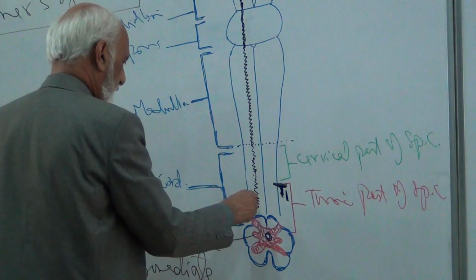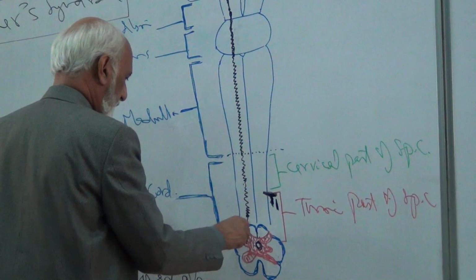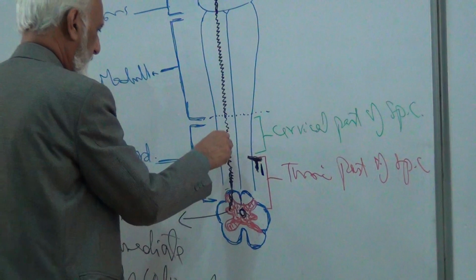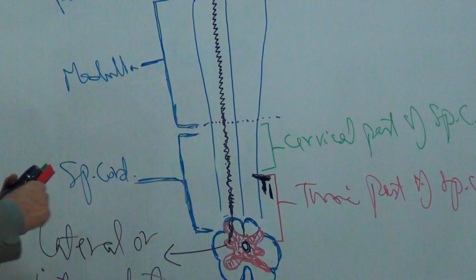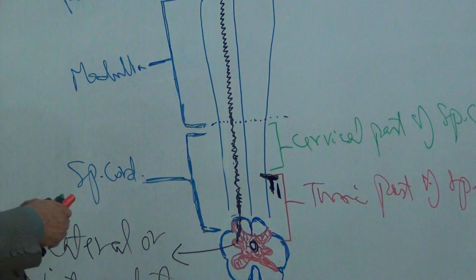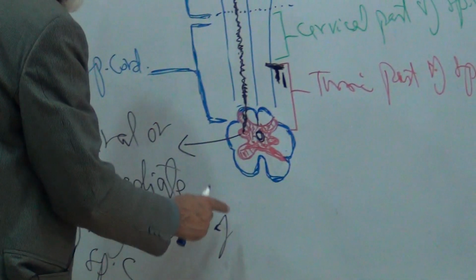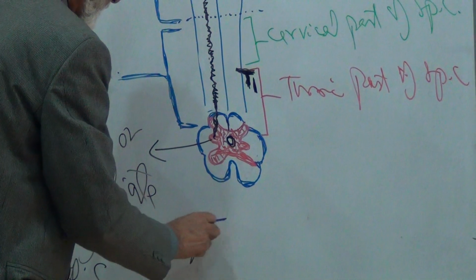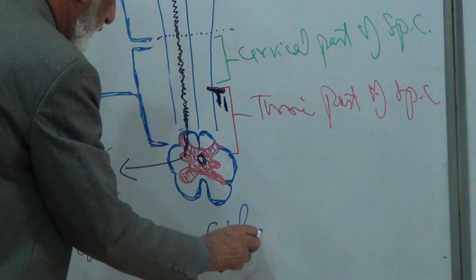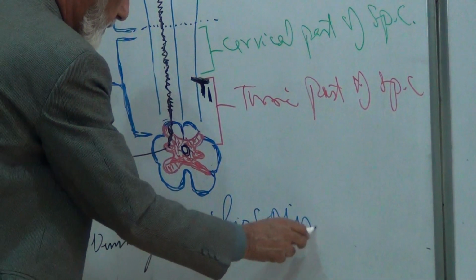So these bundles of fibers terminate in the intermediate or lateral horn, in which there is the ciliospinal center.